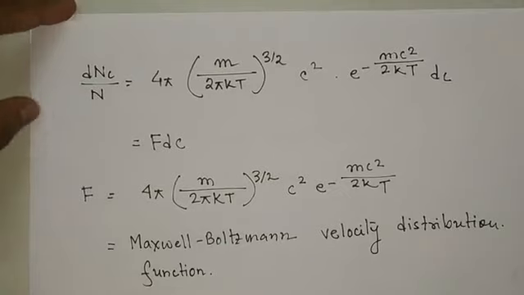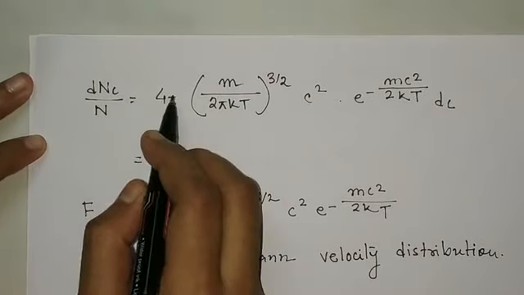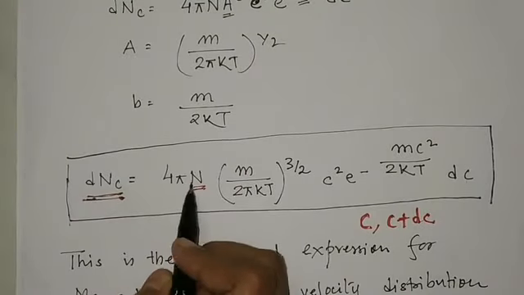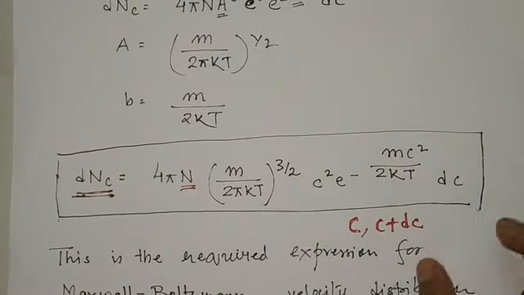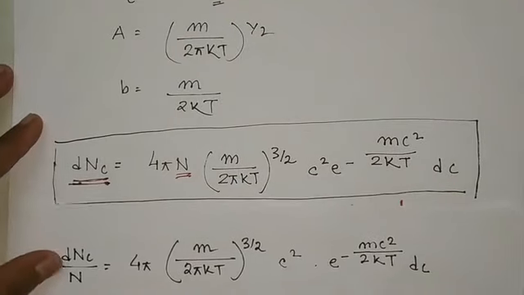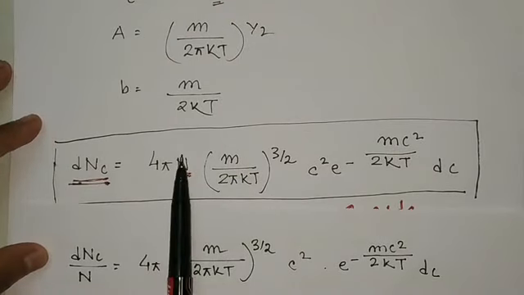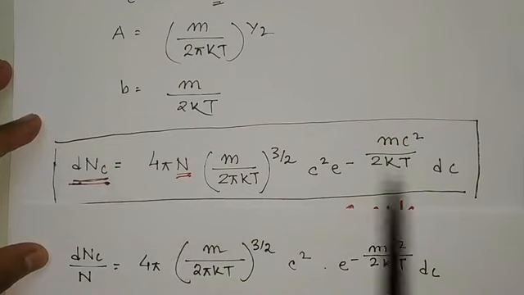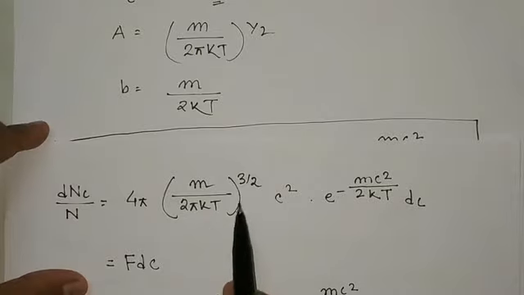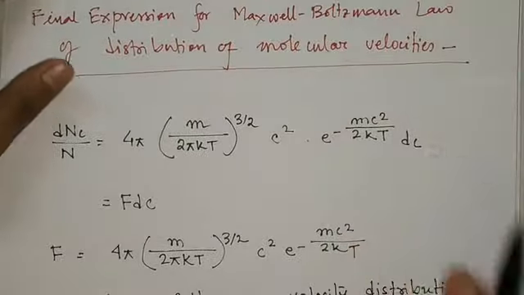Now if we take dn_c by n, see over here, dn_c was 4 pi n and the rest of the terms, so without n it is 4 pi m by 2 pi kT whole to the power 3 by 2 c square e to the power minus m c square by 2kT into dc.